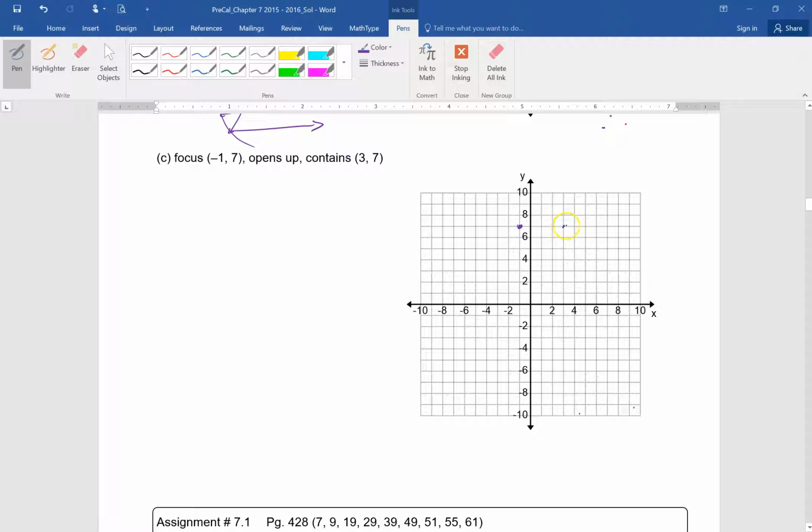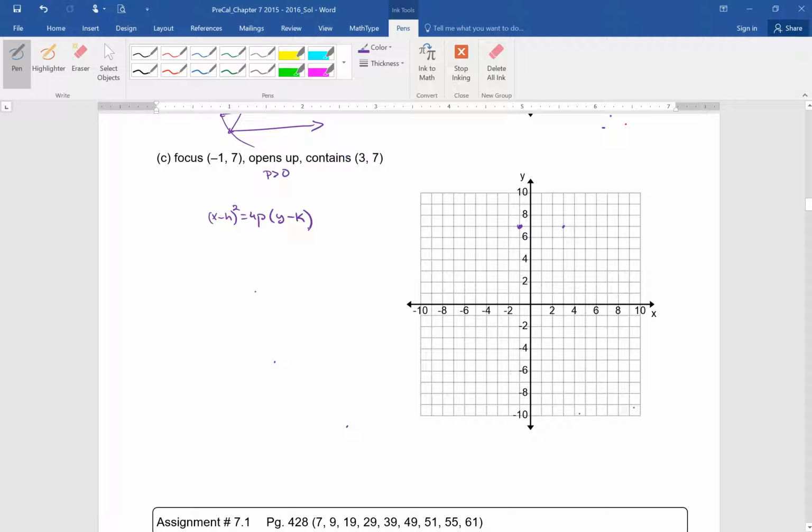Now, if this is the focus and it opens up, that means p is positive. And if it opens up, the equation we're using is (x minus h) squared equals 4p (y minus k).